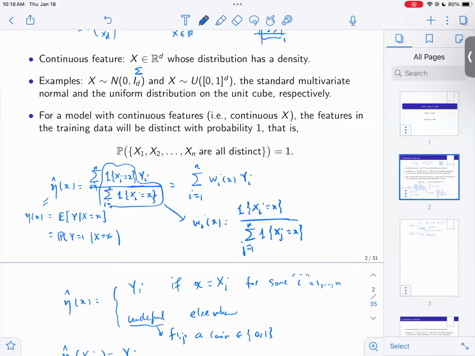Instead of wi of x, we can write the PDF. Can you say that again? Instead of wi of x, we can write the density of. Oh, the density of. Okay, interesting. That's one way of thinking about it. You can think of this as a probability distribution, right? So what is this doing actually?